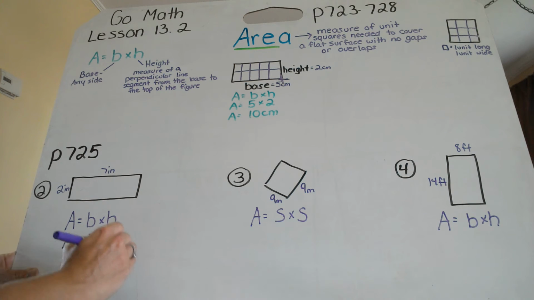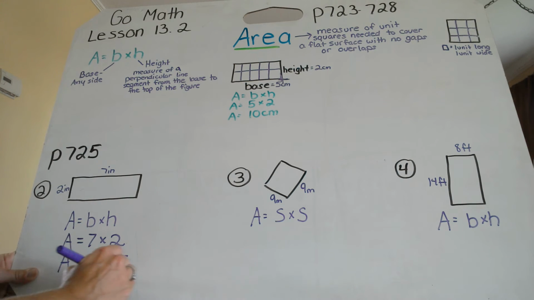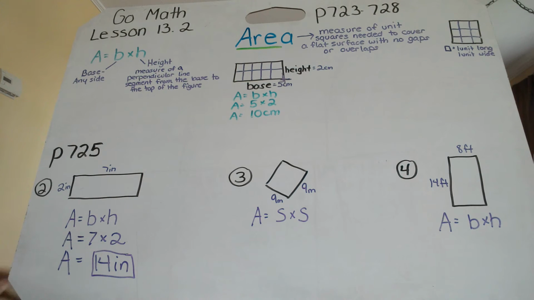Yep, 14 inches. Okay. So all you're doing for these in this lesson is really just multiplying the two numbers together. Some of the numbers are bigger, so you will have to do either 2-digit by 1-digit multiplication or 2-digit by 2-digit multiplication, but all of you should know how to do that.